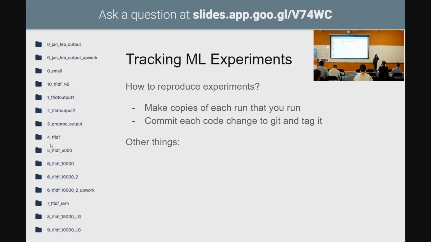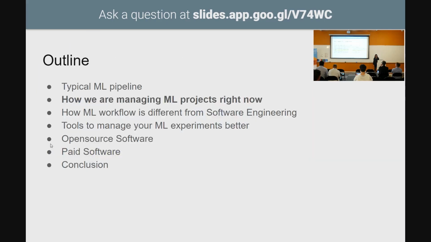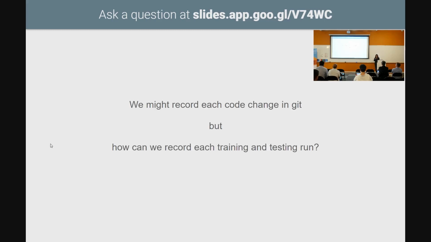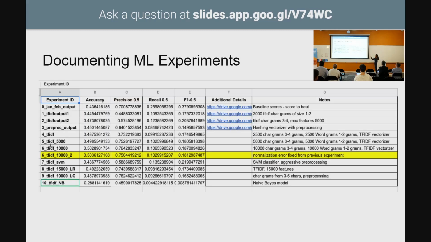Just a couple slides ago, I talked about these different types of features that you can change, or you can change the algorithm, or you can change the hyperparameter, you can change the pipeline. And that's all embedded in code that you can check into Git, right? You can. That's what we are doing right now. And if we're disciplined enough, we can actually take that Git SHA and put it in this Excel spreadsheet right here. Associated with each experiment is the SHA of that Git.